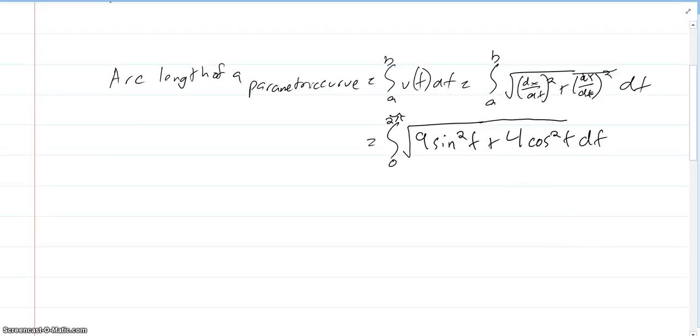So now on your calculator, what you're going to want to do is click the y equals button on the top left, and you're going to get to a screen that looks like this, and you're going to plug in y1 is equal to the square root of 9 sine squared, or actually x you're going to put in here, plus 4 cosine squared x.